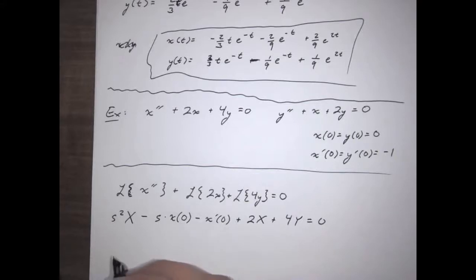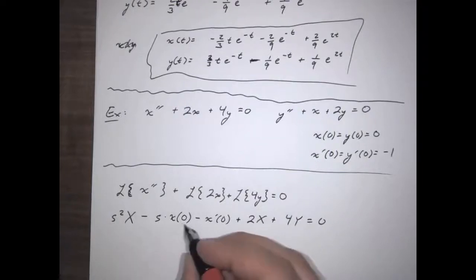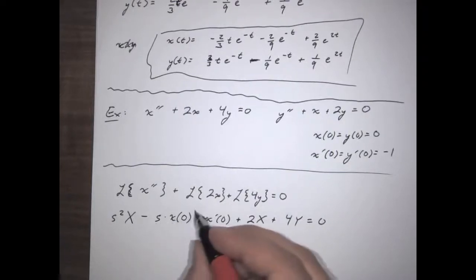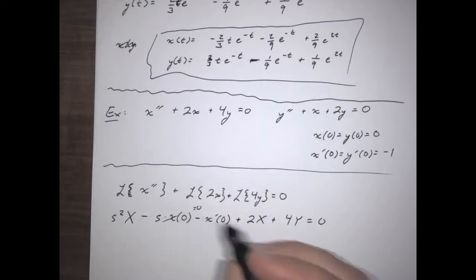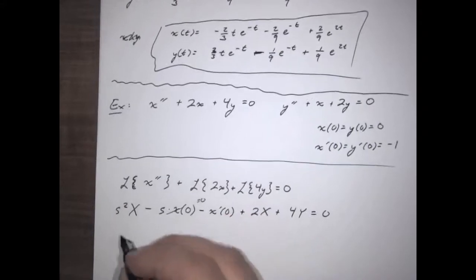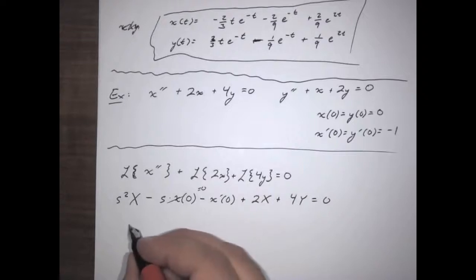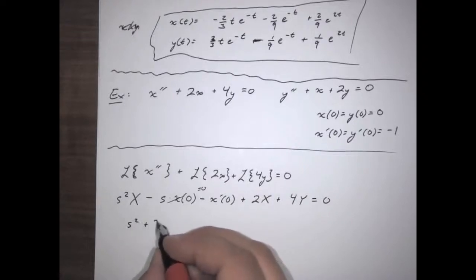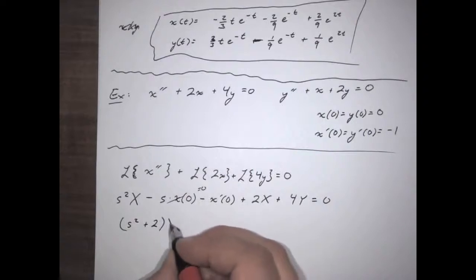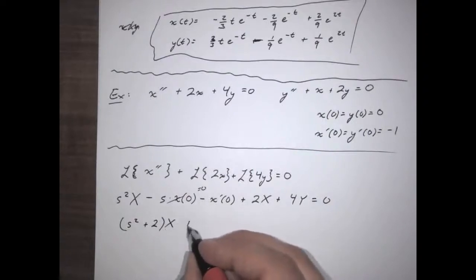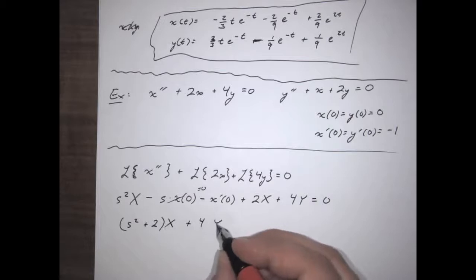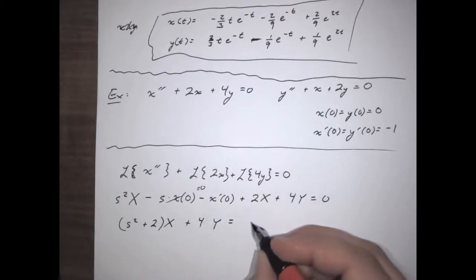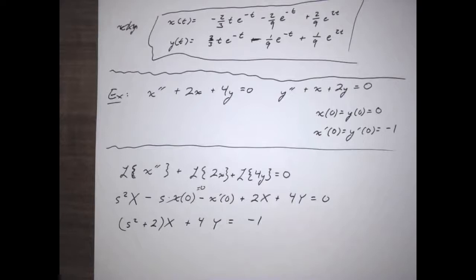Now putting in the numbers that we have here and collecting all the X terms and the Y terms, this one is equal to 0, this one is equal to -1. So altogether here, what we're going to have is s squared plus 2 times X plus 4 times Y is equal to -1. I'll just add x prime of 0 to both sides, and that will be the first one.